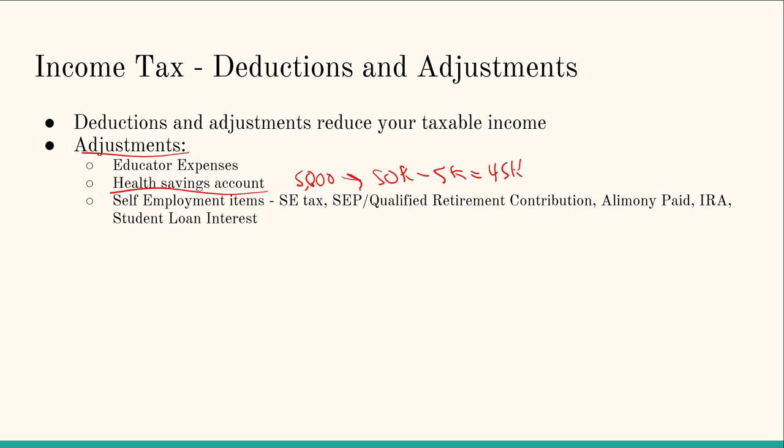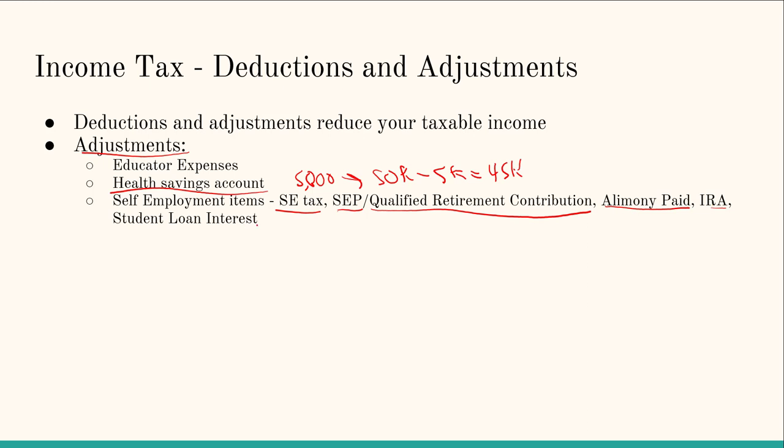Self-employment items like self-employment tax, SEP or qualified retirement account contributions. If you paid alimony, if you made IRA contributions, which we're going to talk about, this is another type of tax advantage investment account similar to the health savings account, except you can use this money for retirement. But we're going to talk about the IRA in a little more detail.